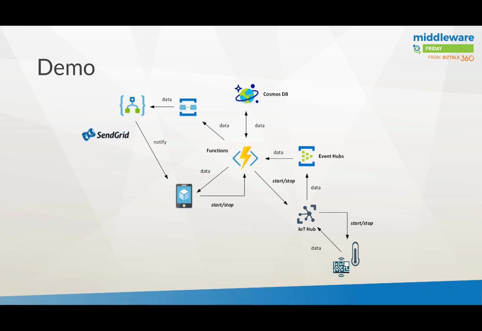The Logic App will get that information, use it to fill up a template, and send out an email, let's say to your phone or another type of device. That also enables you to send a control message again through the IoT Hub to your device, saying, hey, you have to turn on the thermostat because it's getting too cold, or you may have to enable your air conditioning system.